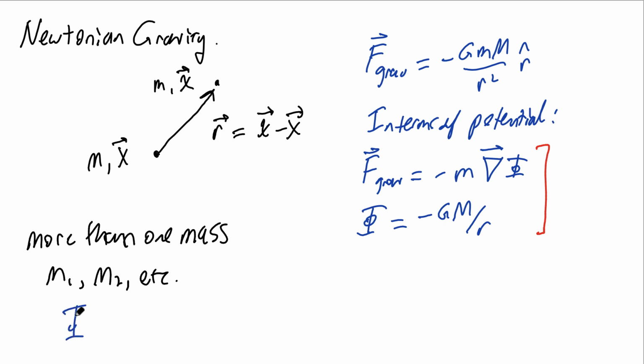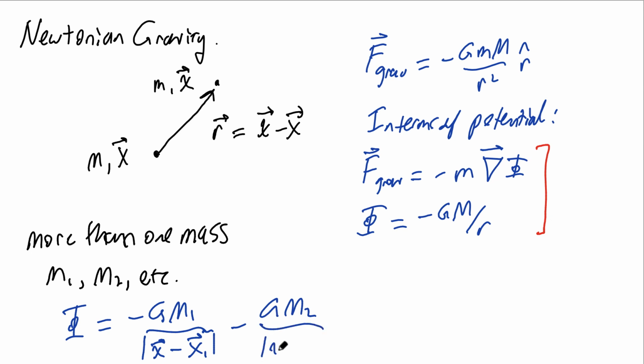So the total potential would be minus G M1 over the distance between the mass M1 and the mass little m, so that's the magnitude of the separation vector, little x minus big X1, minus G M2 divided by little x minus big X2, and so forth. And the force on the mass little m due to all these masses is once again given by minus little m times the gradient of this potential.